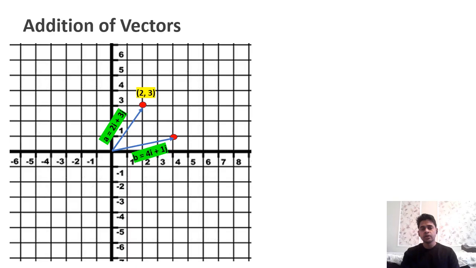In the head to tail method, we touch the tail of one vector to the head of the other. If I take this vector b and touch its tail to vector a, I will get the resultant point. This orange line is my resultant, and the resultant point will be (6, 4). This is the way we can add vectors, and it is called the triangular method of addition of vectors. So we need to make the triangle.